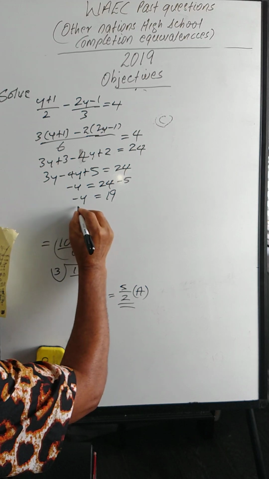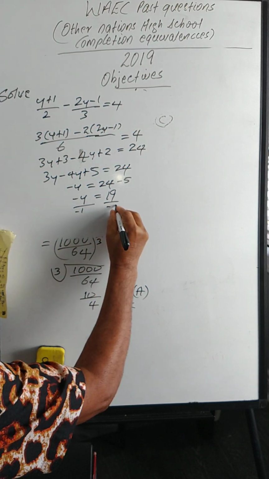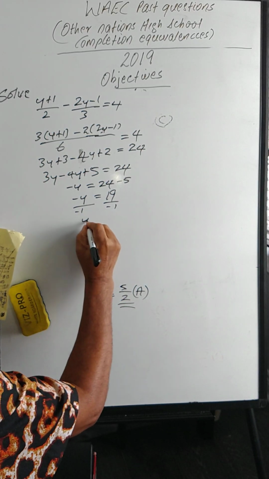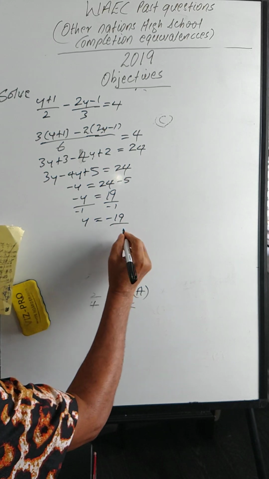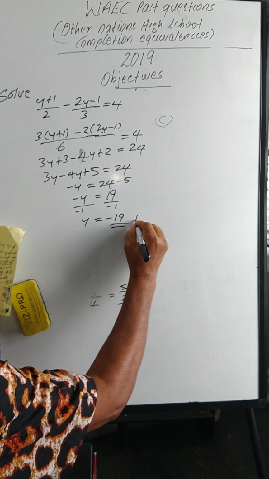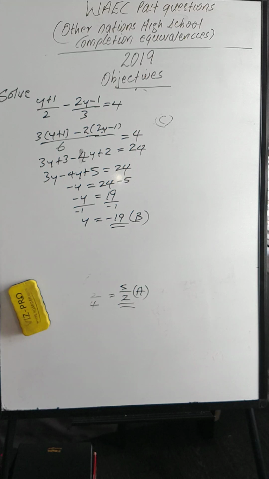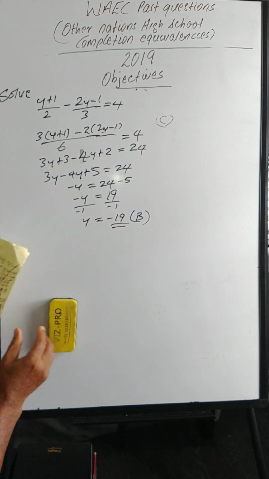So we divide both sides by minus 1. Therefore, y will give us equals to minus 19. And that is option B in our past question paper as it is. That's for number 3.